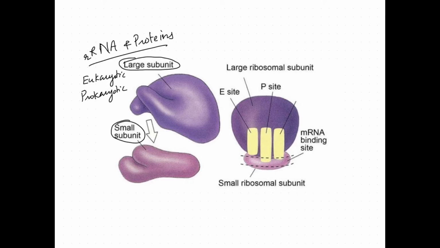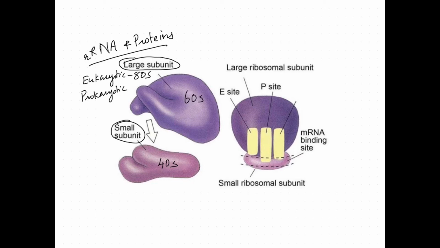Between prokaryotes and eukaryotes, there are certain differences in the structure of the large and small subunits. In eukaryotes, the large subunit is 60S and the small subunit is 40S. Generally, we call eukaryotic ribosomes 80S ribosomes.